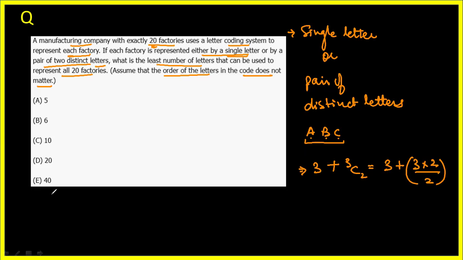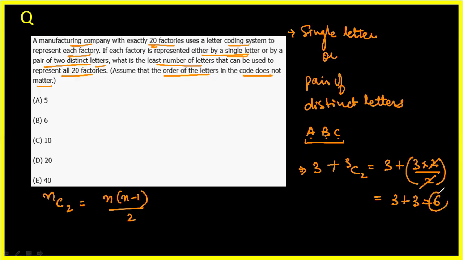Why? Because quick understanding, if you have NC2, you can write NC2 as n into n minus 1 divided by 2. So if you have 3C2, you can easily write it as 3 times 3 minus 1, that is 2, divided by 2. So this gets cancelled. That means this will be 3 plus 3.